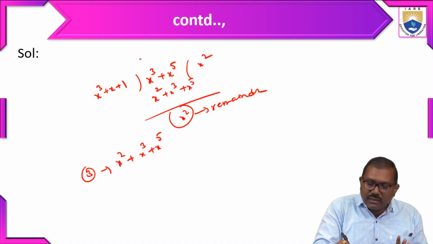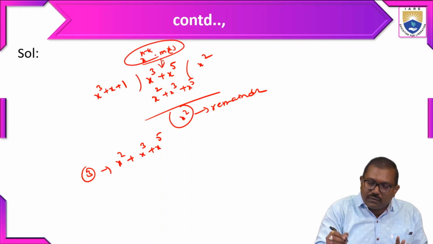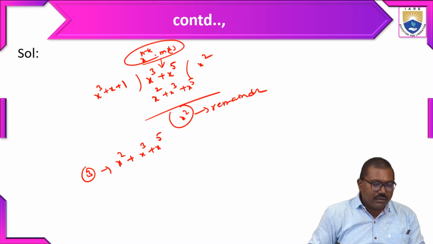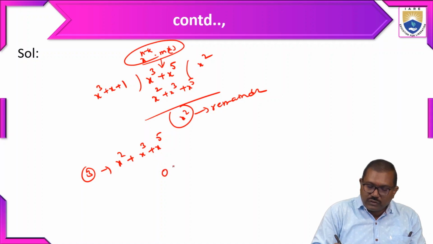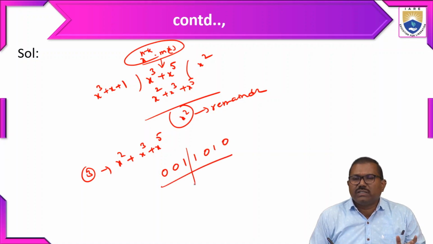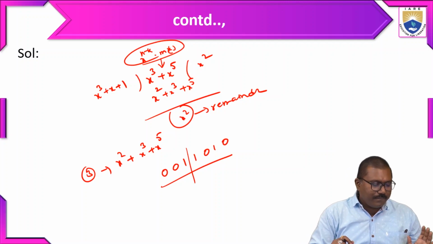This one. So now convert this into code: 001 1010. So this one. Right hand side is message, left hand side is parity.